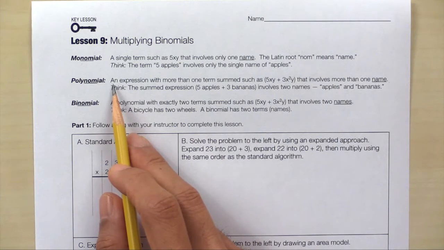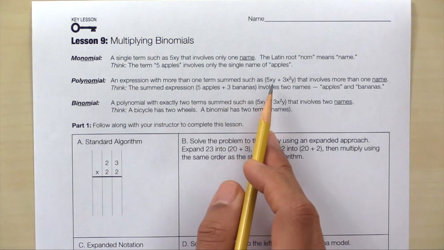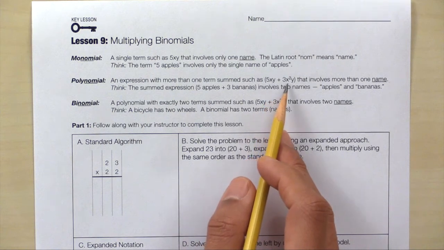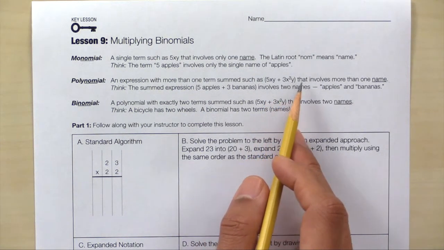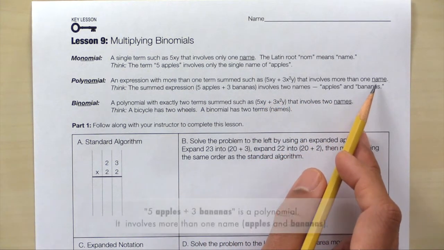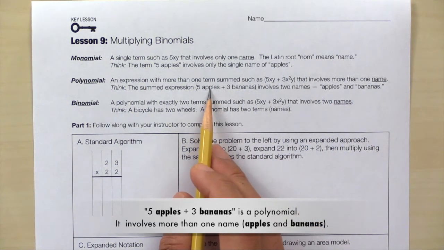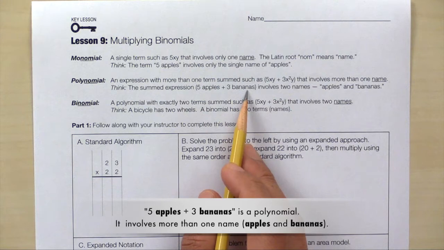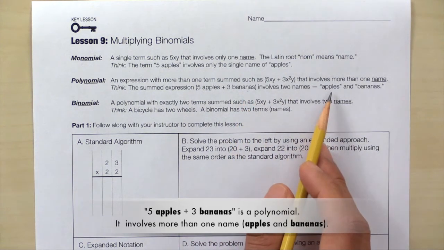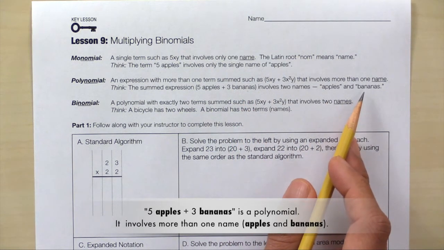Look at polynomial next. A polynomial is an expression with more than one term summed, such as 5xy plus 3x squared y, that involves more than one name. And just think the summed expression 5 apples plus 3 bananas involves two names, apples and bananas.